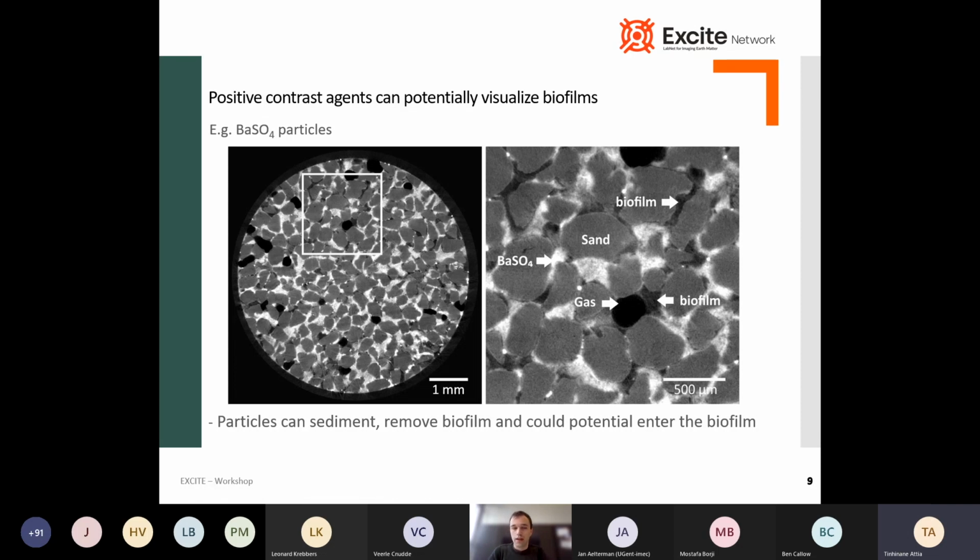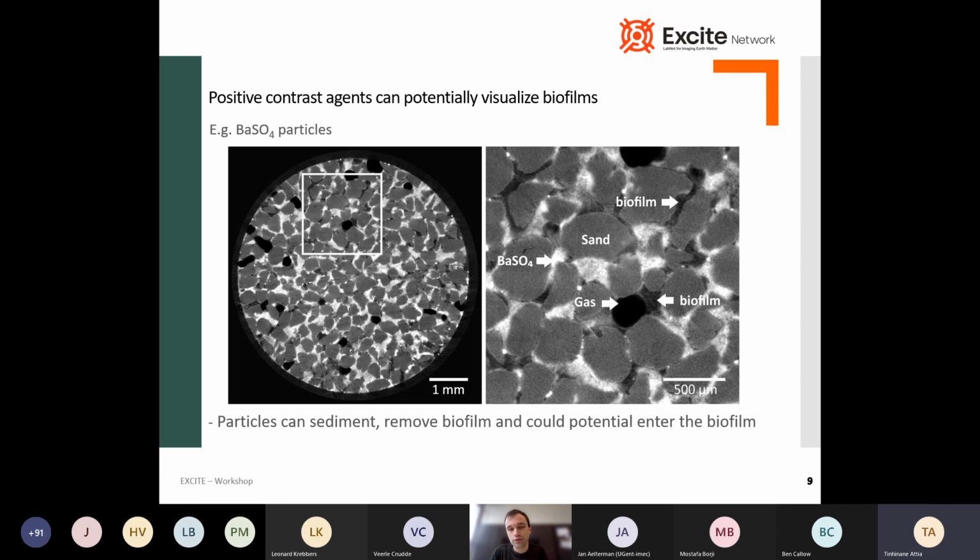It works quite well, but there are some problems related to this contrast agent, as these particles are very heavy, so they can sediment while you do the scanning, which can cause artifacts. When you push them through to replace the water, you can remove the biofilm as it creates a lot of stress or tension or shear, and it's actually not proven that the particles do not enter the biofilm.